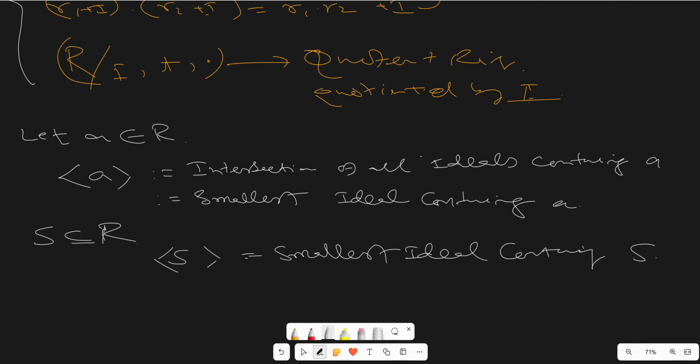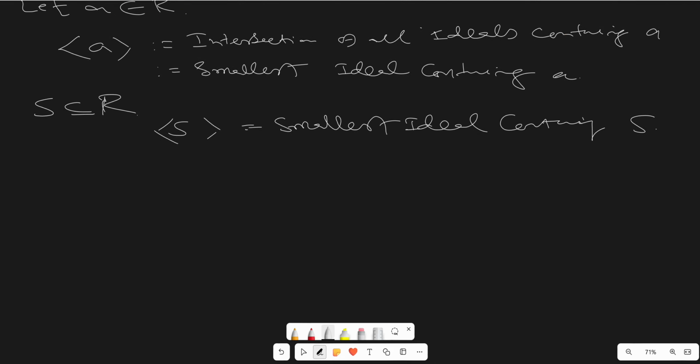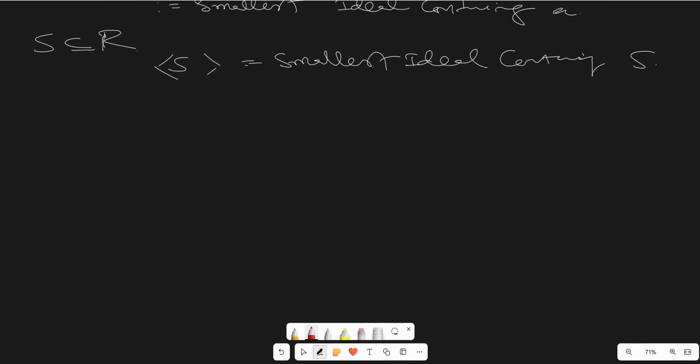For example, I am giving you a question here. Suppose your R is Z[x], the polynomial ring in one variable, and your ideal I is generated by x. Check R by I. What is R by I?